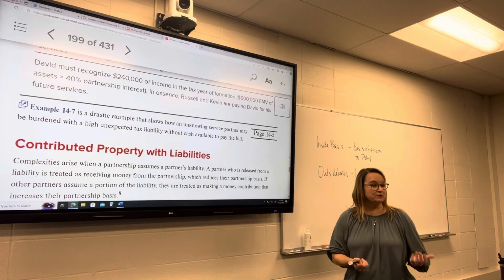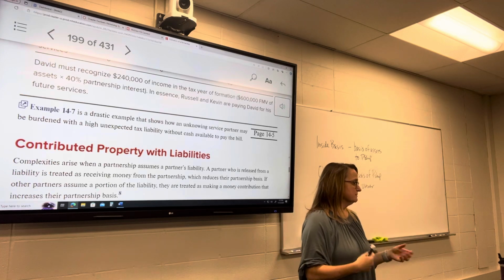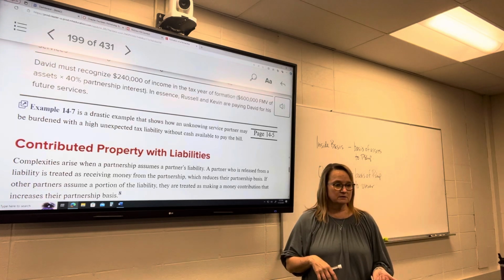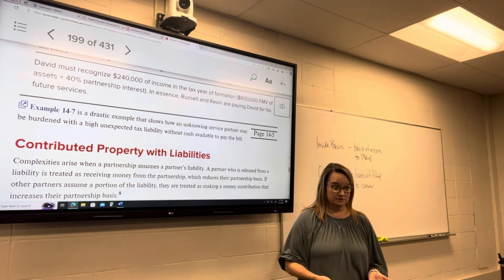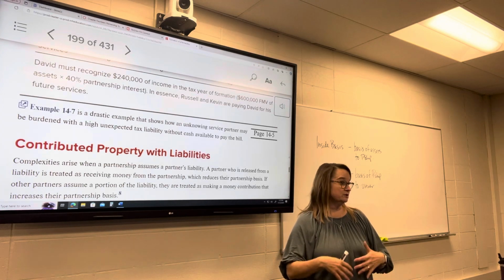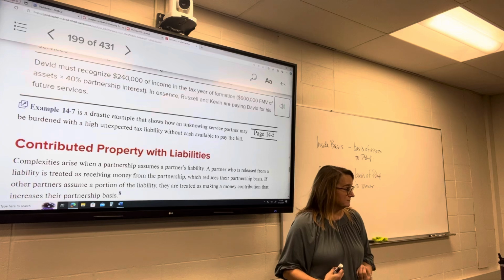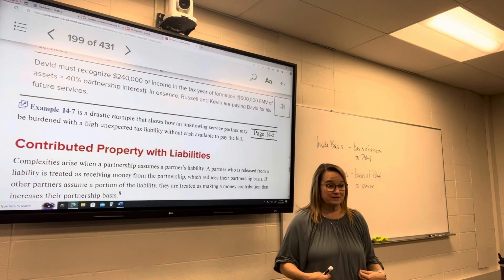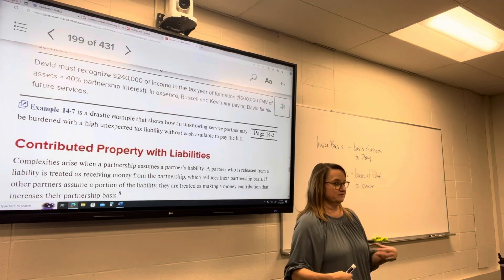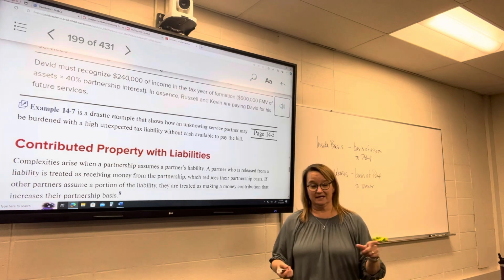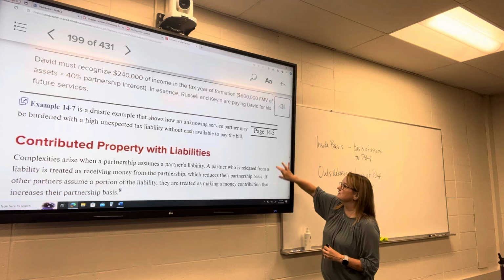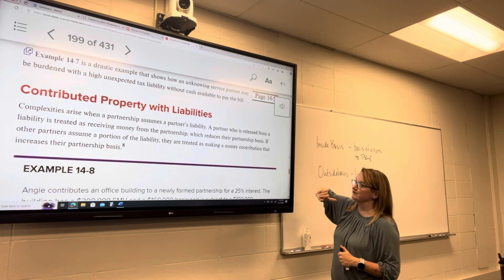So you contribute a building, maybe your building has a basis of $100,000, but it has a liability attached to it of $200,000, which now the partnership is taking on. You're being relieved of that $200,000 liability, but the fair market value of it is only $100,000. In that case, you are going to have a $100,000 taxable event.